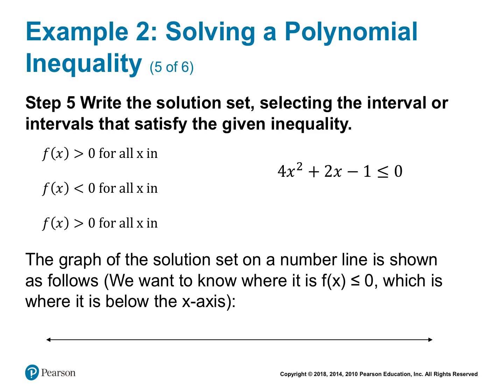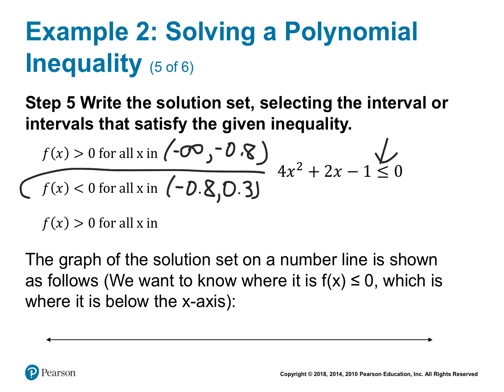So this was our original. We were trying to find when it was less than 0, or less than or equal to. So the first one, we said f of x was greater than 0 from negative infinity to negative 0.8. So the one that ends up working is the negative 0.8 to 0.3 because we're trying to find where it's less than 0. And the other interval was 0.3 to positive infinity.